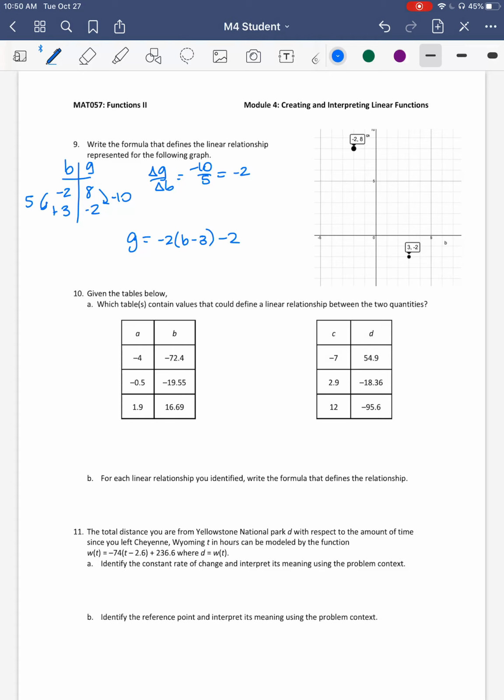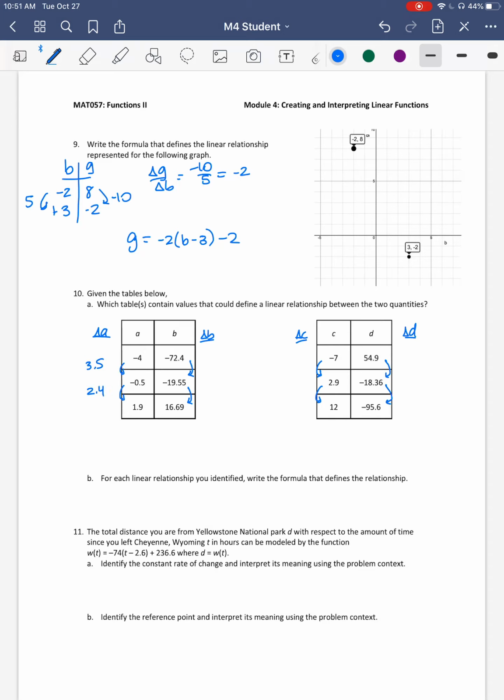All right, question 10 says, given the table, which contain values that can define a linear relationship. So remember, a linear relationship is a constant rate of change. So really, I need to go find a lot of changes. So negative 0.5 minus a negative 4 is actually going to be 3.5. 1.9 minus a negative 0.5 is 2.4.